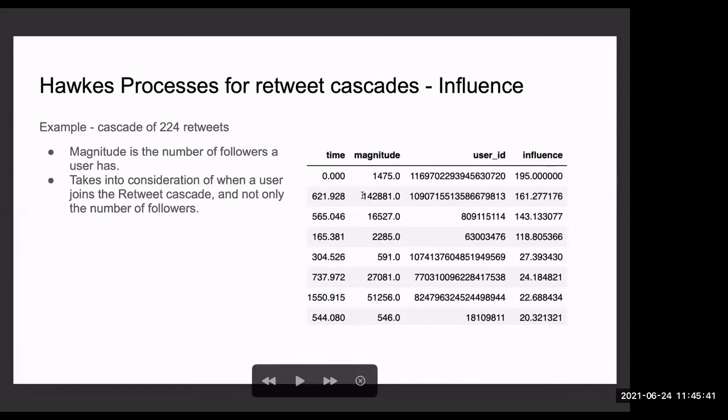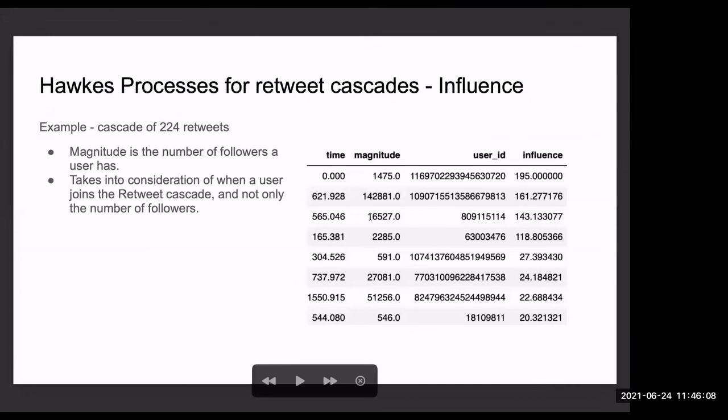The second most influential user was a user with almost 150,000 followers, who tweeted after almost 10 minutes, 600 seconds. But what's interesting here is that for the third user, the difference of influence is not that huge.